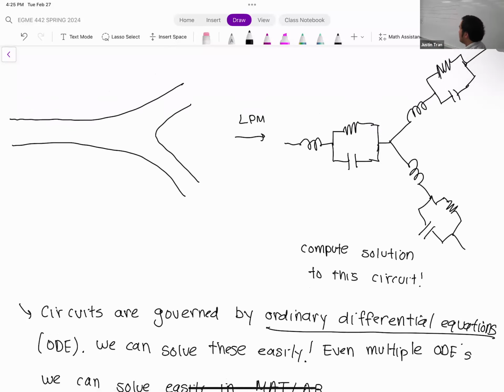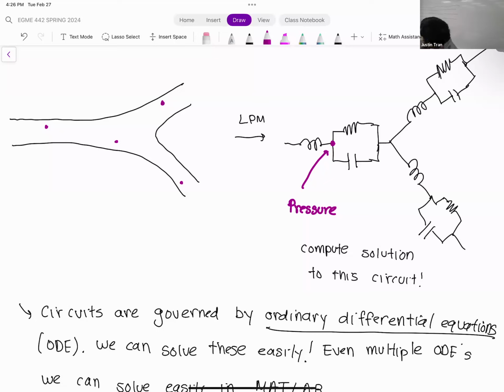If you were to take your blood vessel here and solve for the velocity, we could take any location inside here and compute the exact velocity and the exact shear stress and so on. Whereas for a lumped parameter model, even though we can visually see, usually when we draw circuits, we draw them with some kind of spatial orientation like this. What we compute, let's say we compute the pressure here. You would compute the pressure at a junction between a capacitor and a resistor. That's quite common. We can visually see where that is here, but when you're actually solving the equations, you're just solving for a pressure.